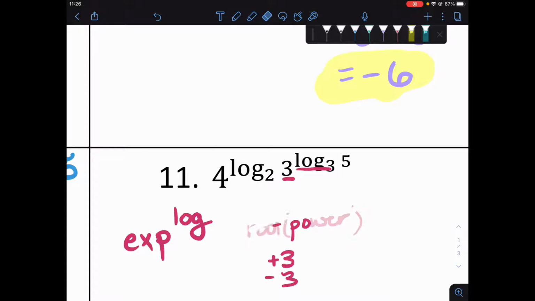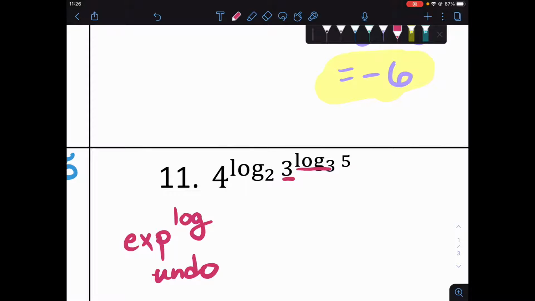So our exponents undo each other. When we take the exponent of a log with the same base, they undo each other, and these things effectively cancel. So what we really have here is 5.